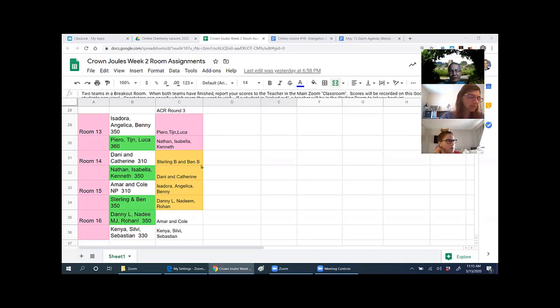Room 14. Sterling, Ben, Danny, Catherine. There's Ben. There's Danny. There's Catherine. There's Sterling. Perfect, that's done. Room 15.